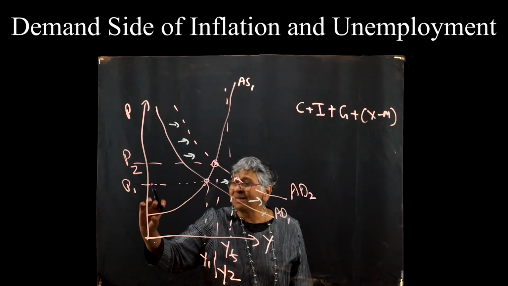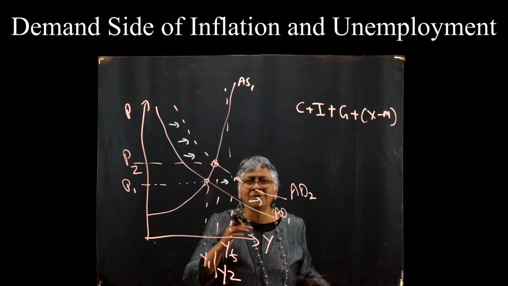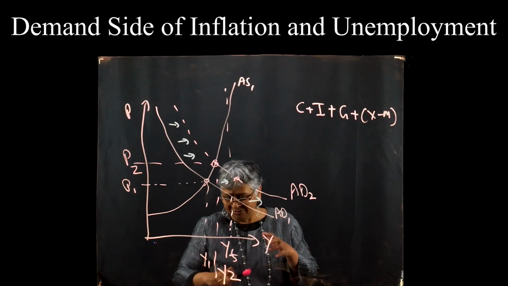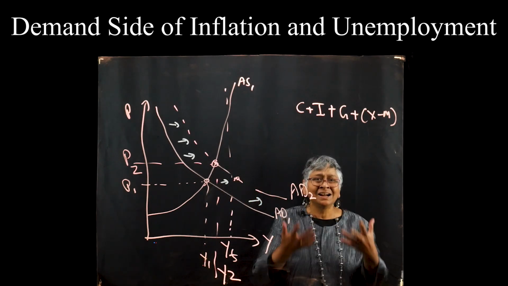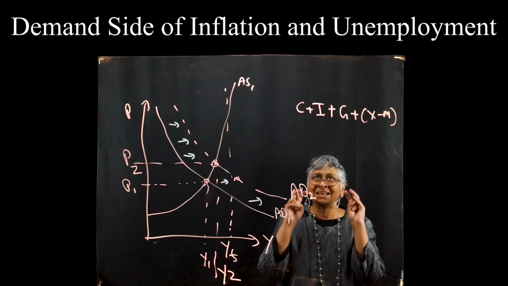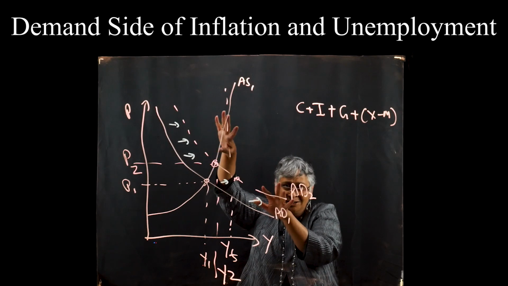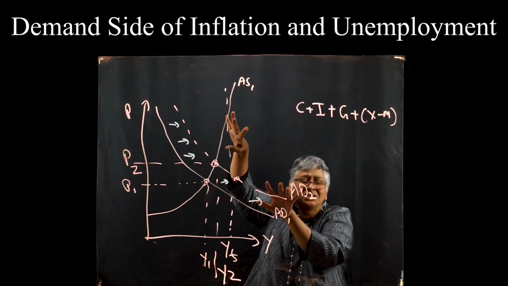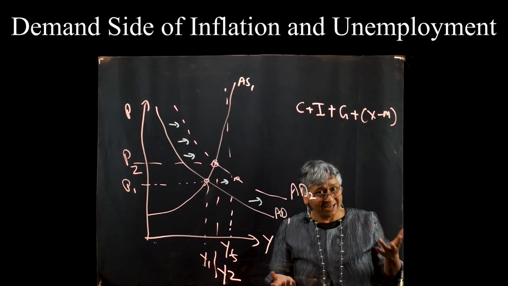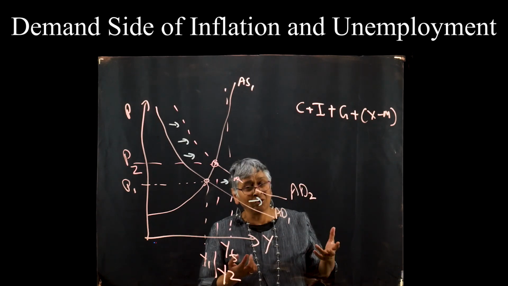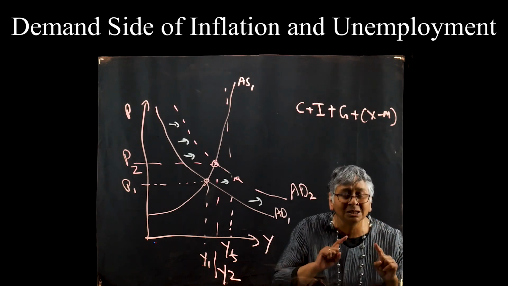But if I'm in the flatter portion here, if I'm pretty far from full employment, I've got a lot of unemployment, what that will mean is when the government stimulates the economy, causing aggregate demand to go out, then the result will be I will have more output, more production, therefore more employment.